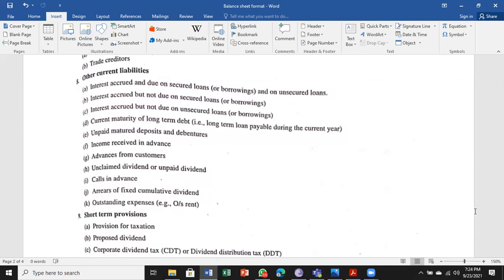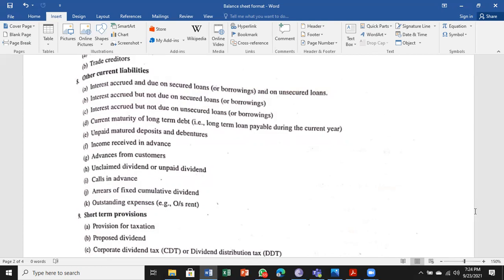Advance received from a customer is when money is received for work to be done, but the work is not complete. Maybe goods to be sold, maybe some service to be done. Even income received in advance is the same thing, like rent received in advance. Before the time is over, the money is received, like interest received in advance.